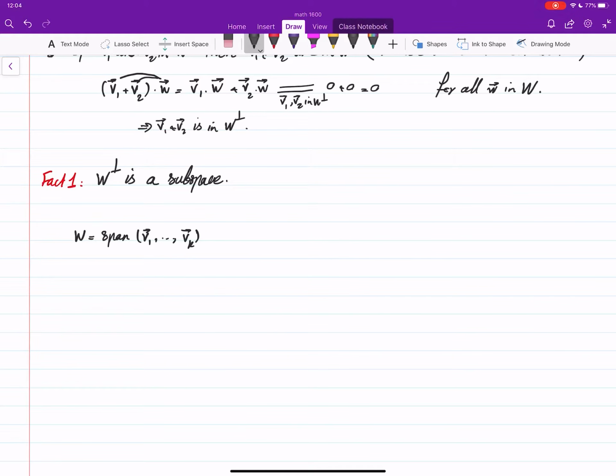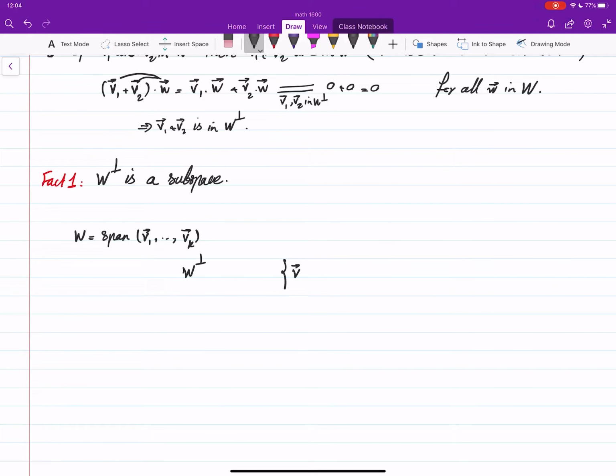Now you have W perp on one side, which is all the vectors in Rn that are orthogonal to all the vectors in the span of v1 to vk. Also, you can form this set also.